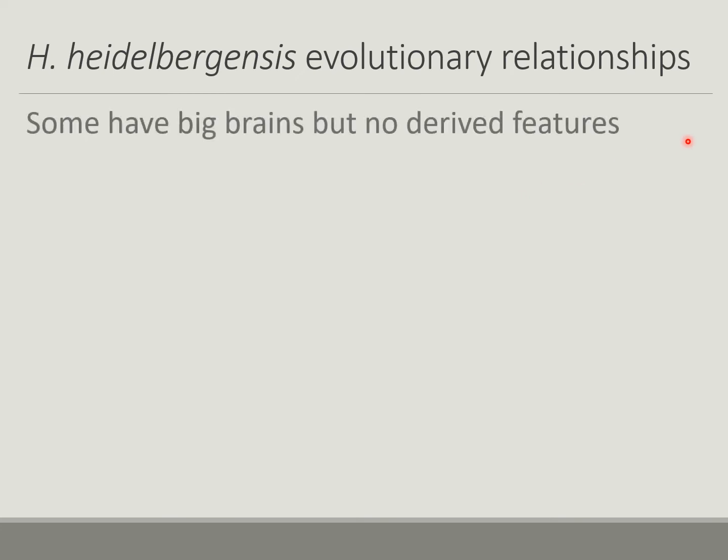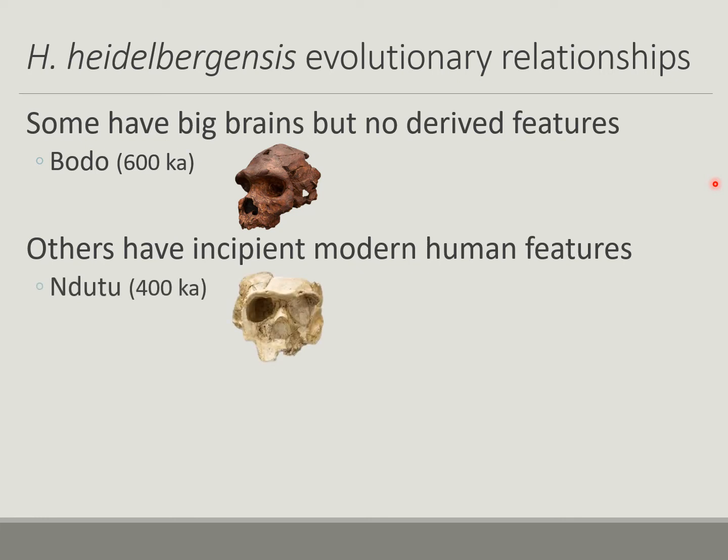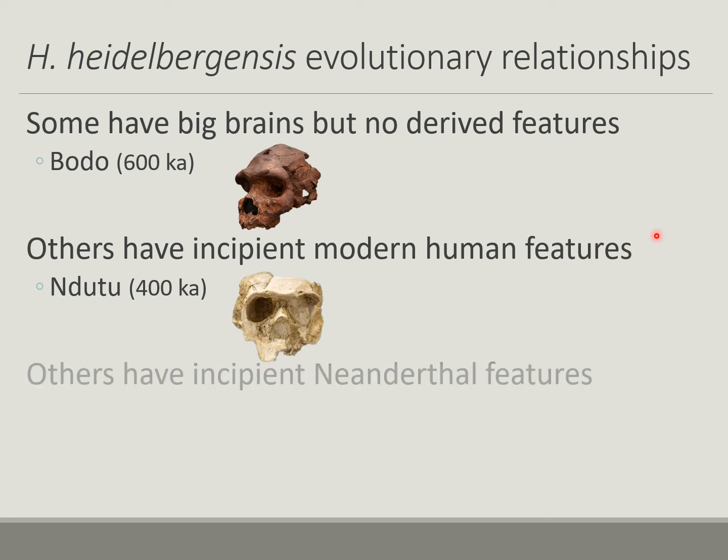Okay, so out of all the specimens we looked at, some have big brains, but no other derived features. This includes the Bodo specimen, the one with the cut marks on it. Others have incipient modern human features, right? So this is the Ndutu specimen I just went over, the one with the dainty face, gracile brow ridges.